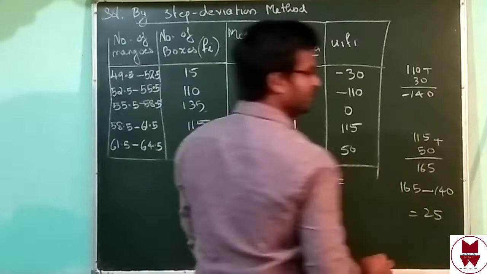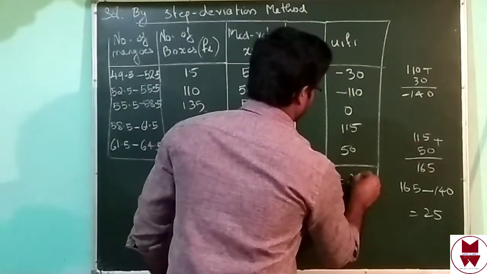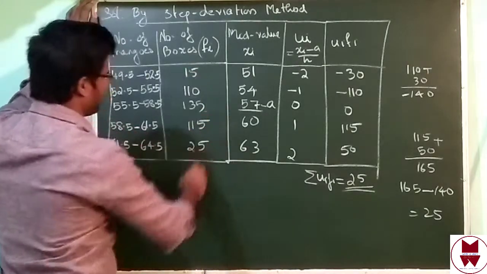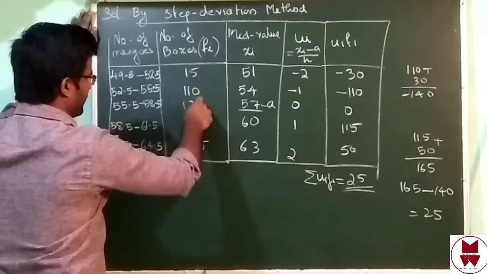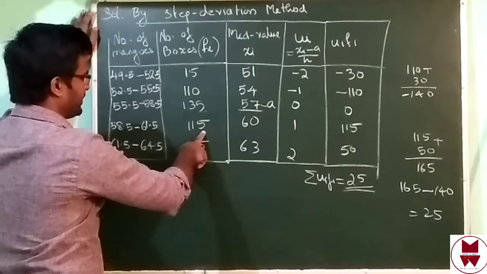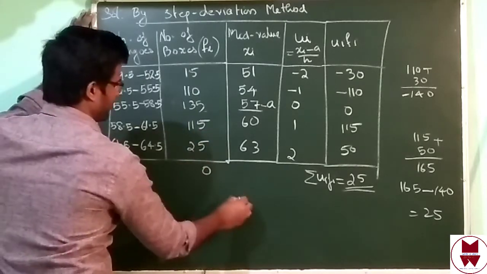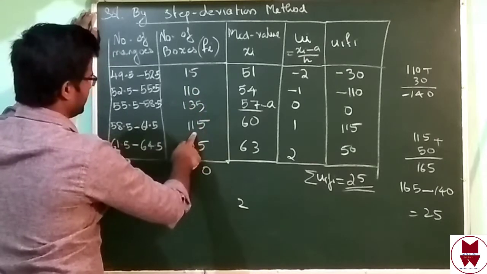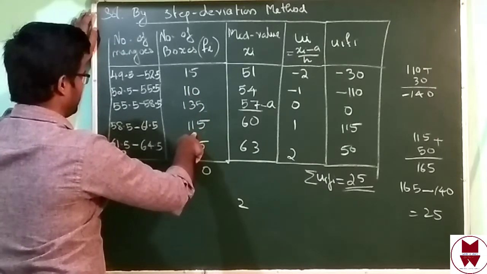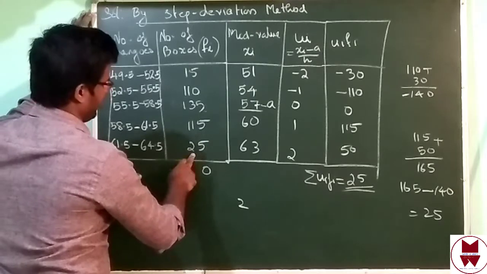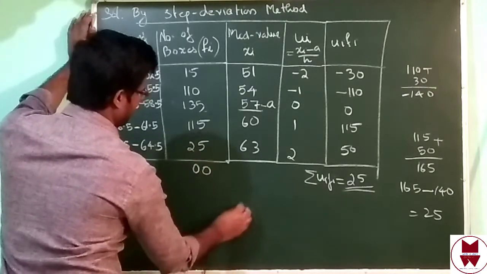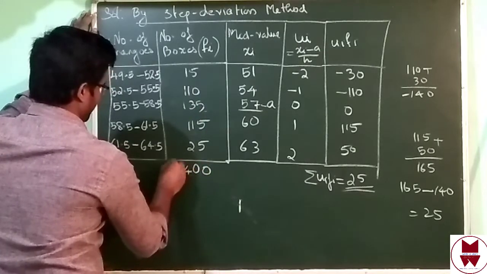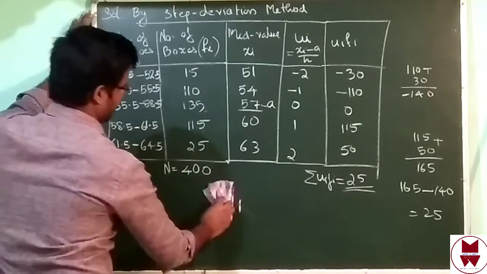You will get 25. Then add the frequencies: 15 plus 110, 125, plus 135, 260, plus 115, 375, plus 25, you get n equal to 400.